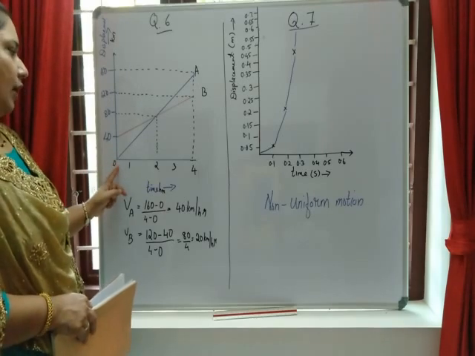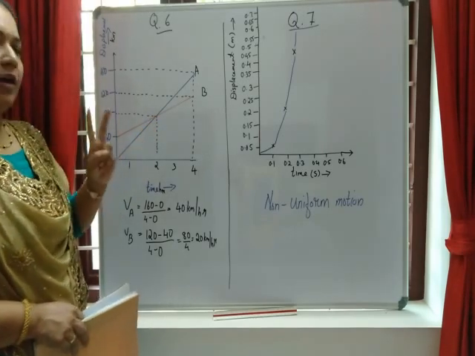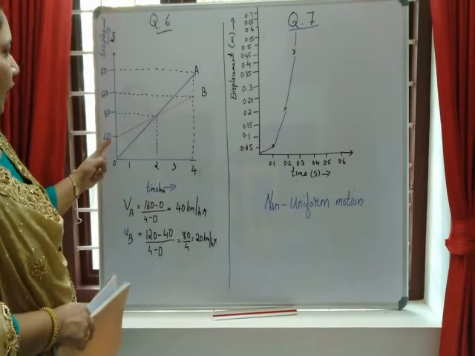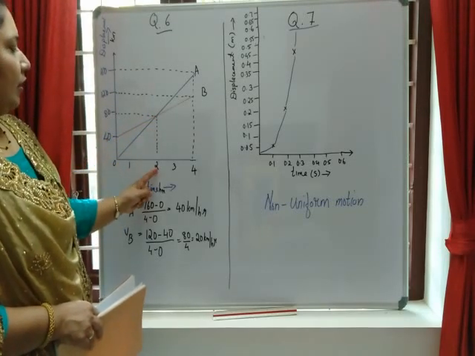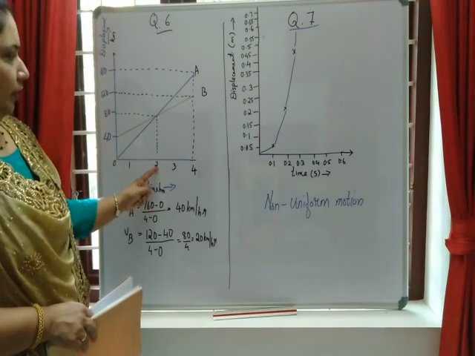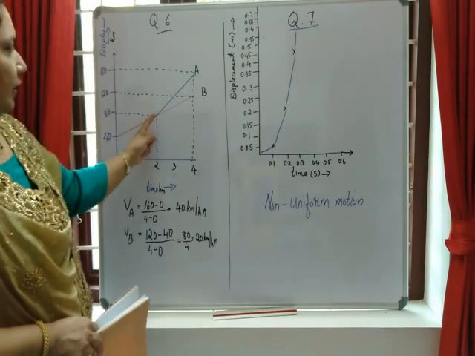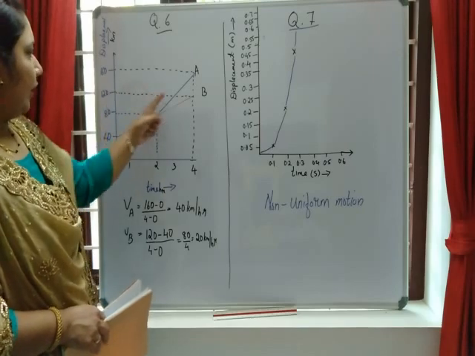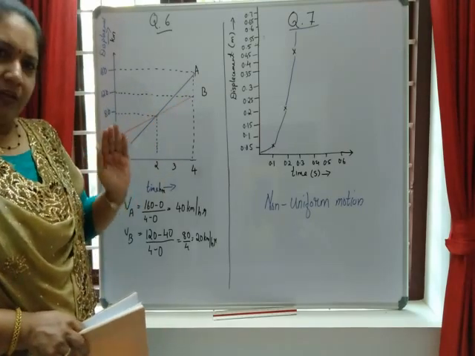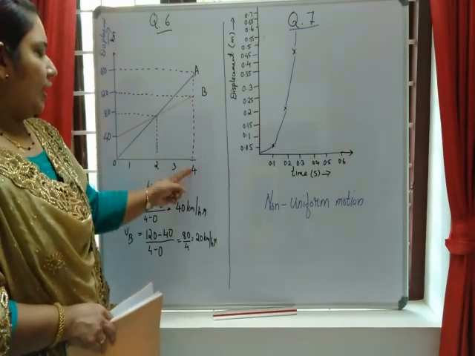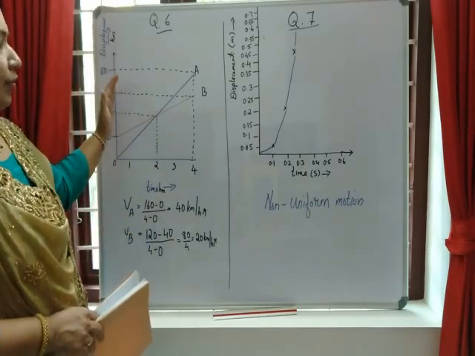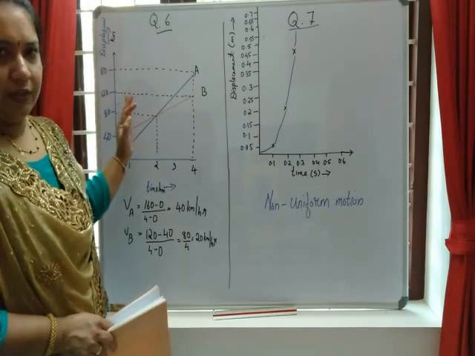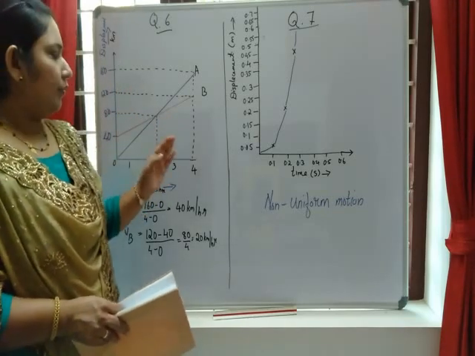From 0, car A reaches 80 kilometer after 2 hours and car B also reaches 80 kilometer after 2 hours. Car B finally reaches 120 kilometer at the end of the 4th hour. So that is the concept you have to understand from this graph. Using this you have to answer.